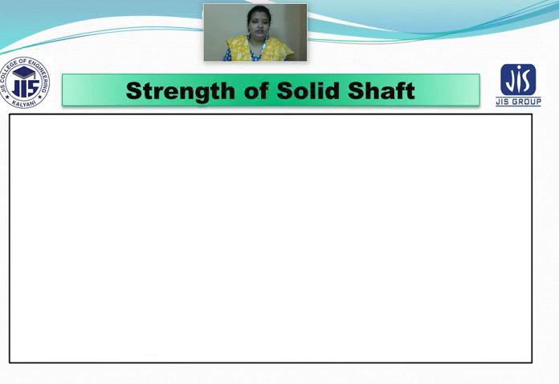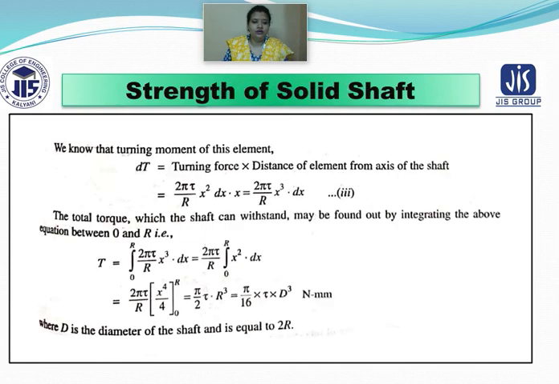Now, going further, for the turning moment you take the turning force into the distance of the element from the axis of the shaft, and you get 2 pi tau by r into x cube into dx. Further, you integrate, because the inner portion is at 0 and the outer is at the maximum radius r.